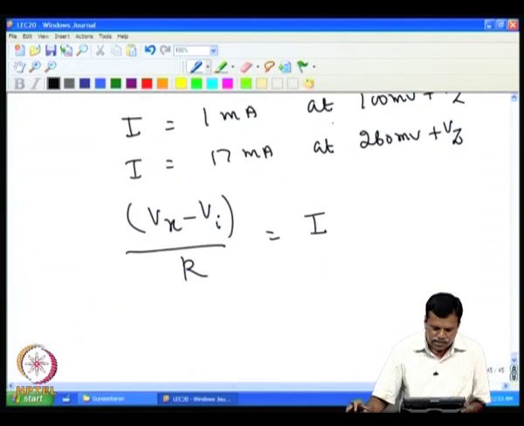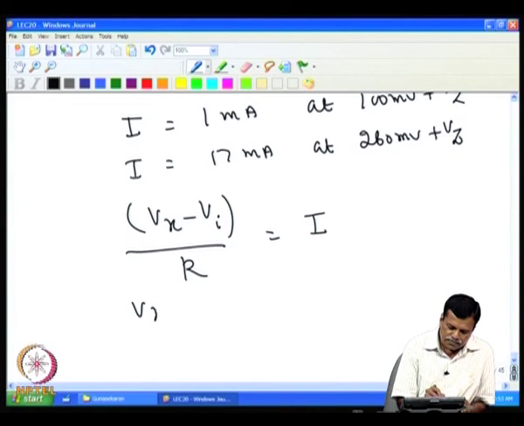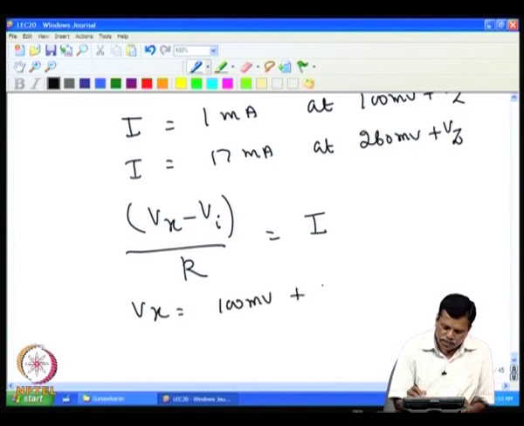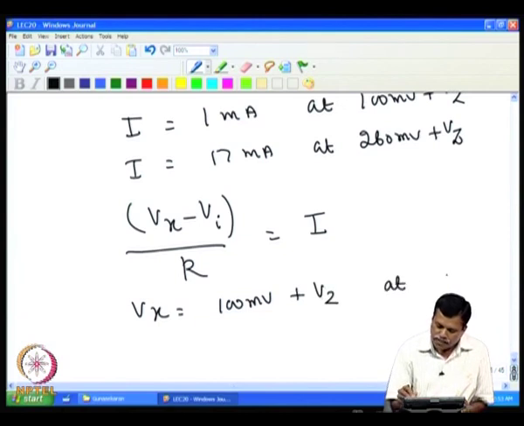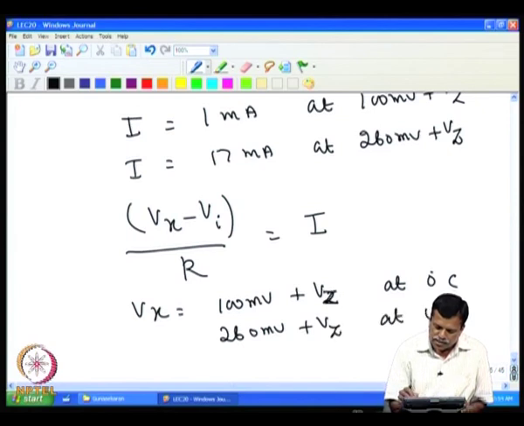So, the Vx variation is given by 100 millivolt plus Vz at 0 degree C, and 260 millivolt plus Vz at 400 degree C.